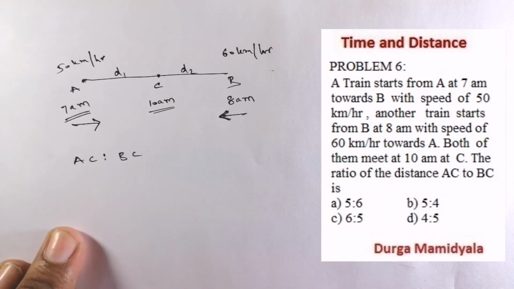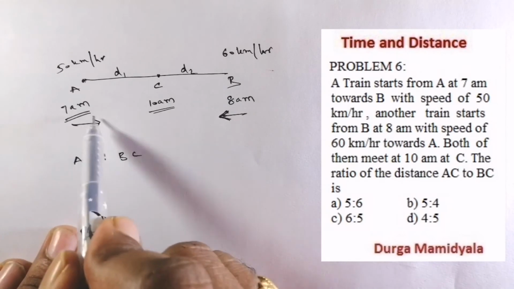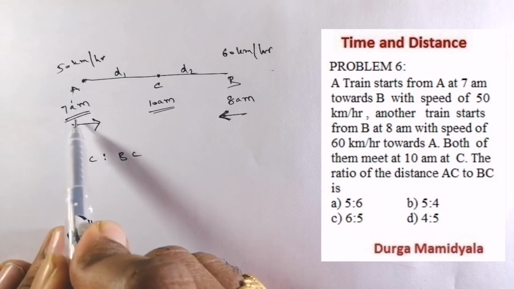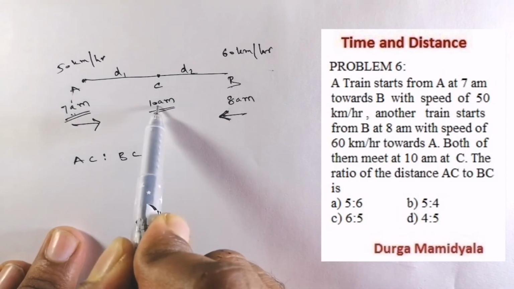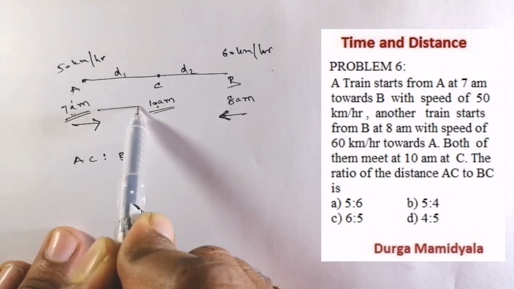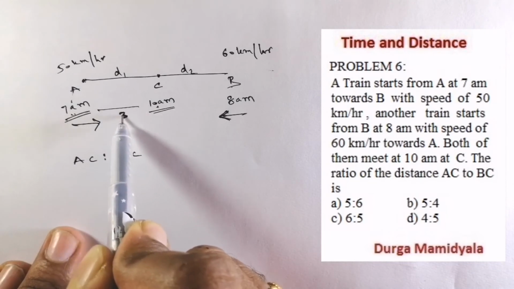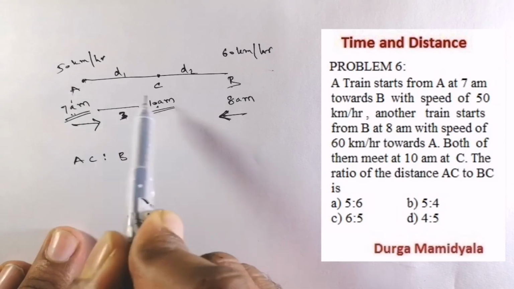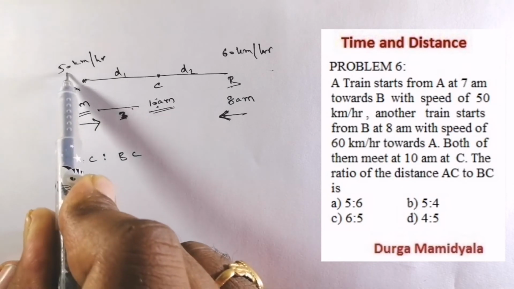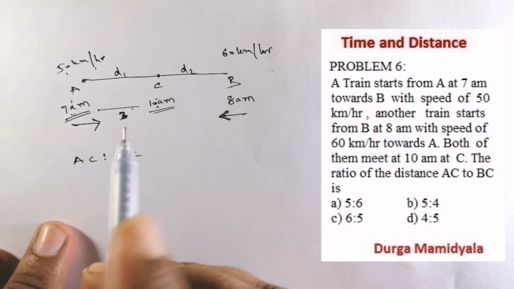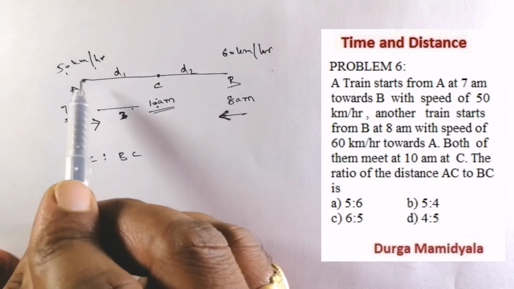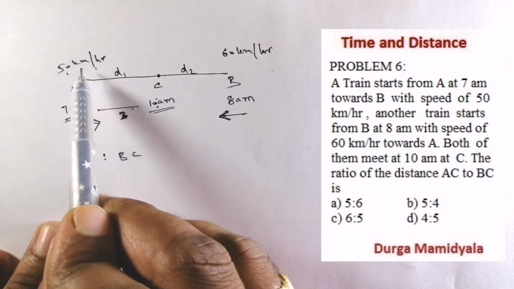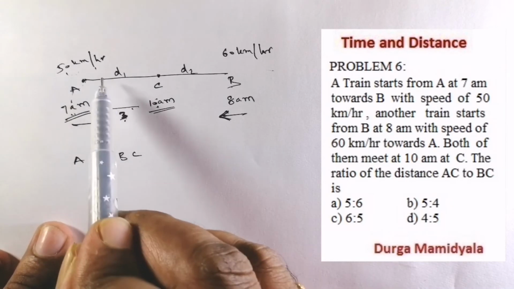Now see here, this train started at 7 a.m. and it met at 10 a.m. So what is the duration here? 3 hours. For 3 hours it has traveled with a speed of 50 km per hour. So what is the distance covered here? We know distance equals speed into time.